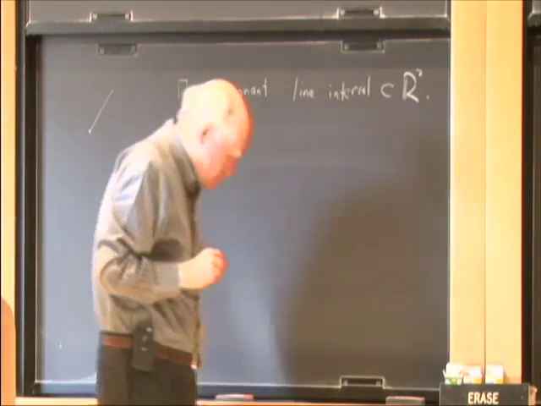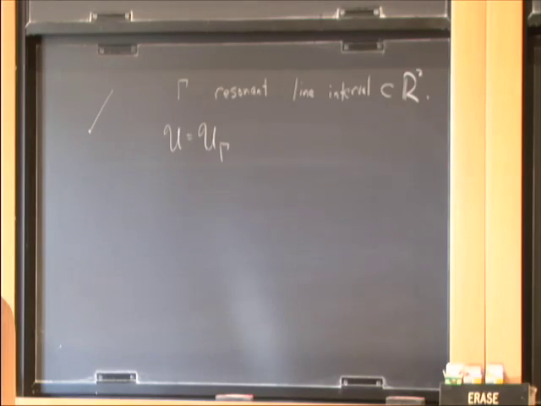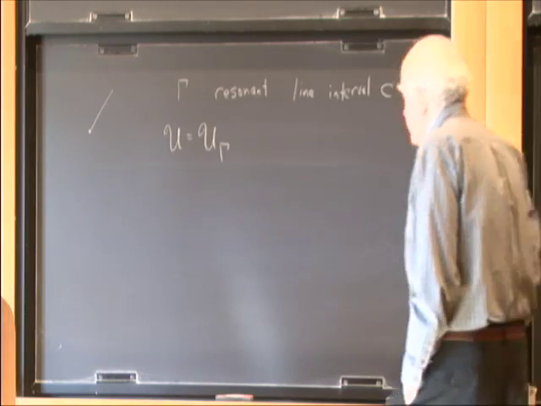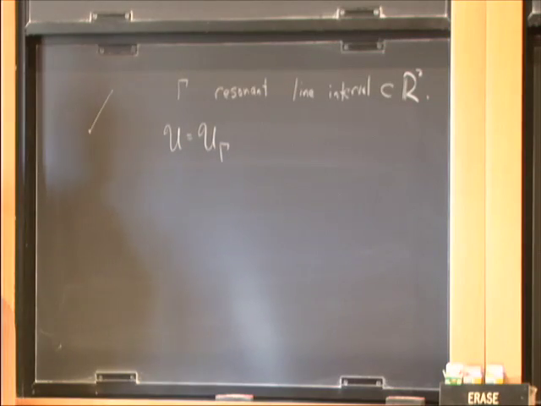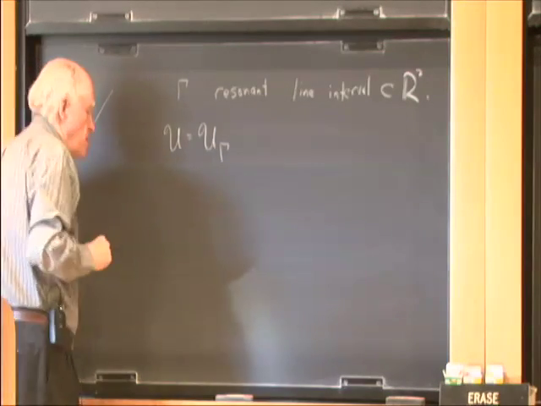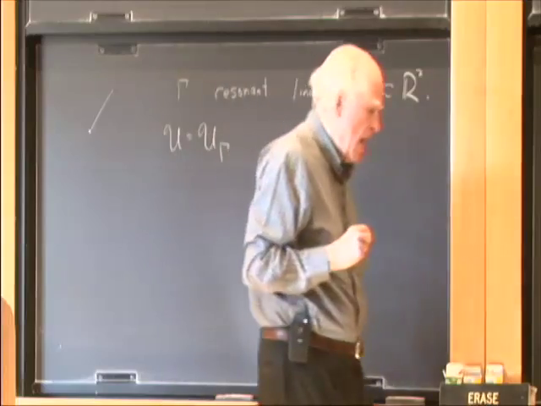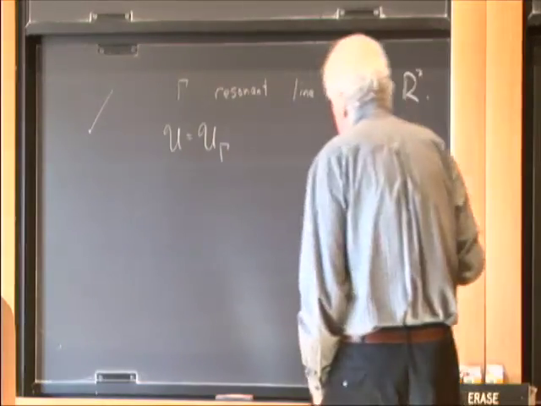And so I have to tell you how U is related to gamma. So there were conditions 1 through 3. They were obtained by averaging with respect to gamma.